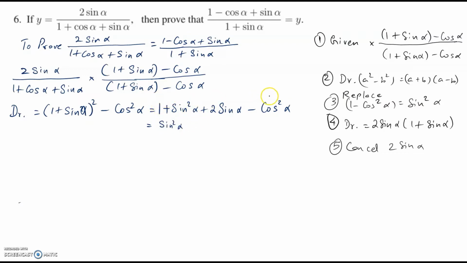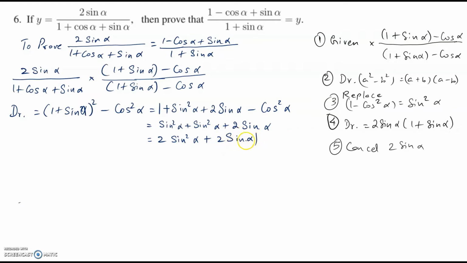This is for the 1 minus cos squared alpha. Then you also have another sine squared alpha here, plus 2 times sine alpha. Now if we just add these two, this will become 2 sine squared alpha plus 2 sine alpha.